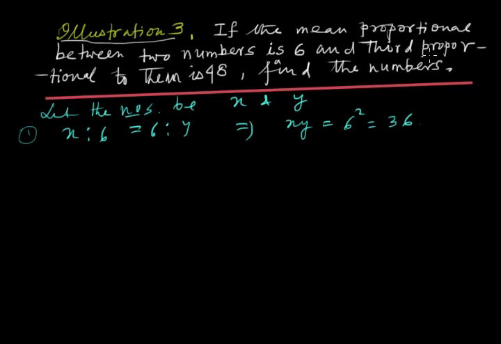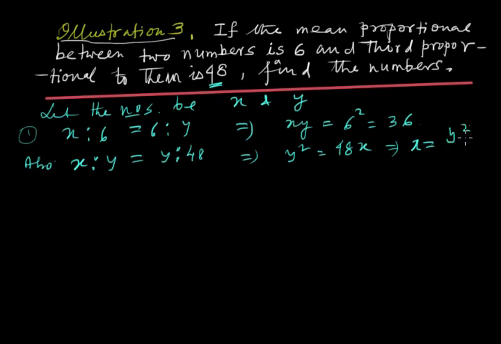It is also given that the third proportional to them is 48. So you can write x is to y is to 48. This gives y square is equal to 48x, or you can write x is equal to y square by 48.